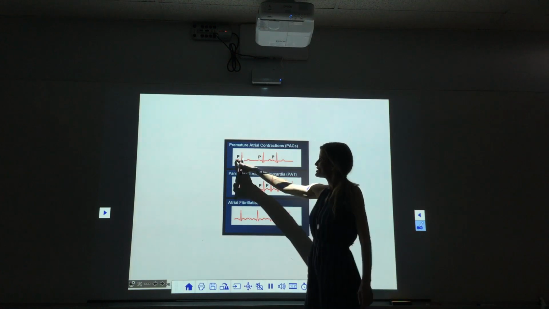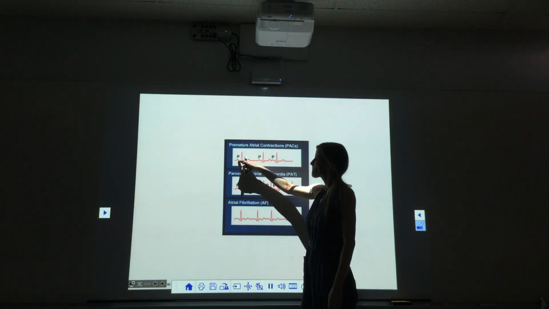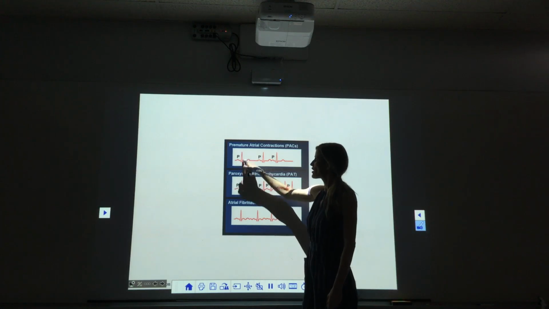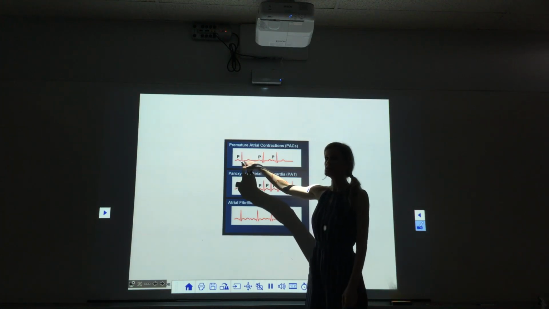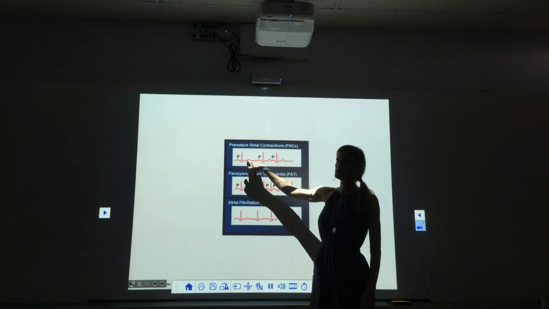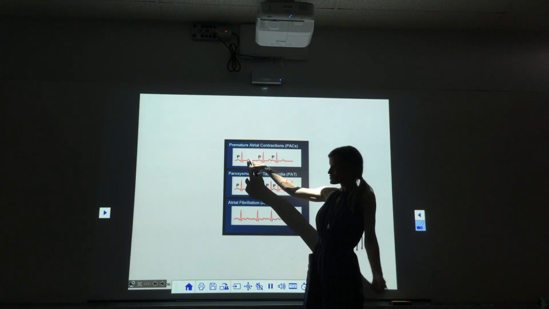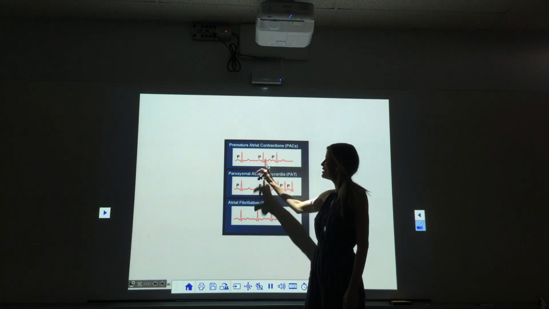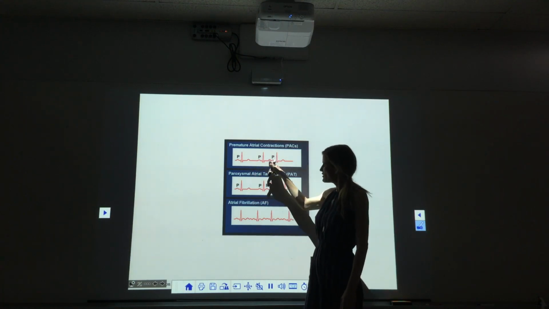So looking at this, what does the P wave tell you? The atria contract, right? So you see the P wave, you see the QRS complex, which is when what happens? The ventricles contract, and then you see your T wave, which is when what happens? Ventricles relax. And then you see a nice pause, and then the atria contract, the ventricles contract, the ventricles relax.